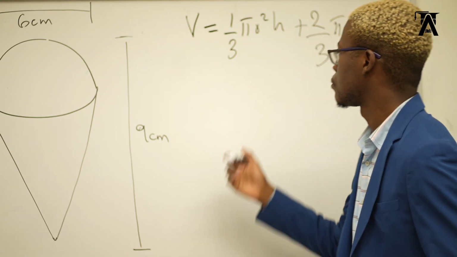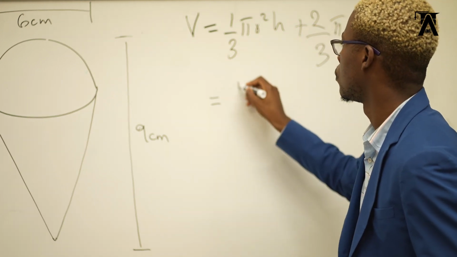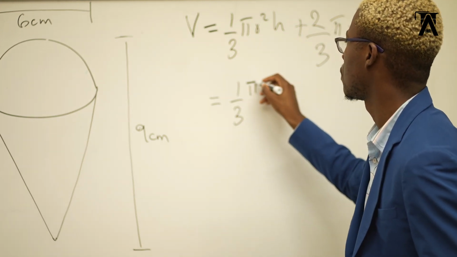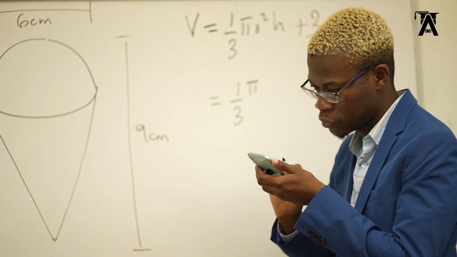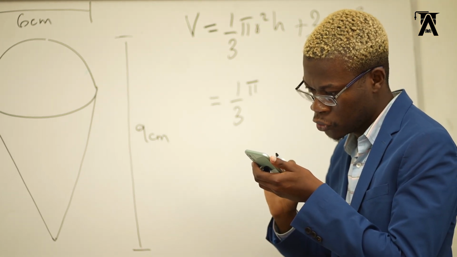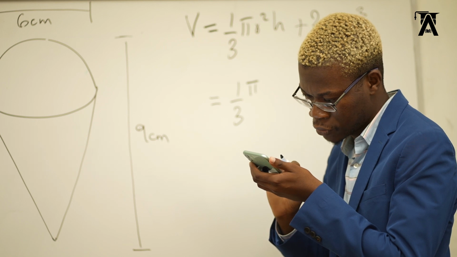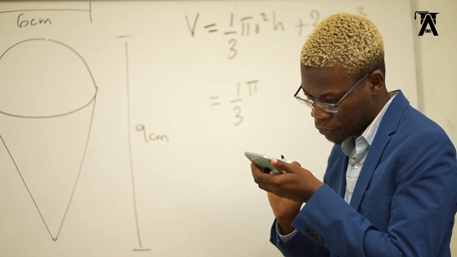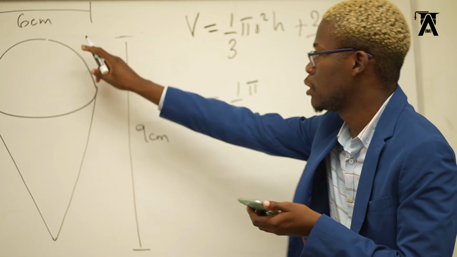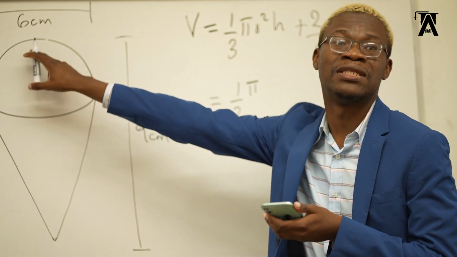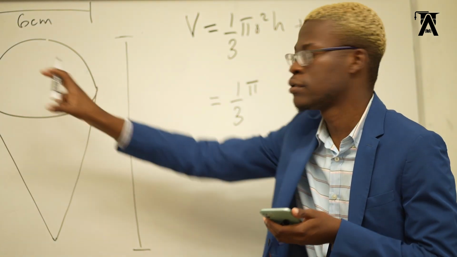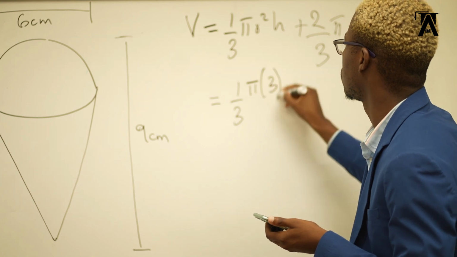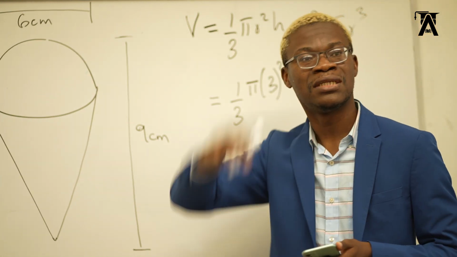Okay? Now, let's solve for the cone. 1/3 pi. What is the radius of the cone? We were given that the radius of the cone is 3, because the diameter is what? 6. All right, so 3 squared. Now, what is the height of the cone?